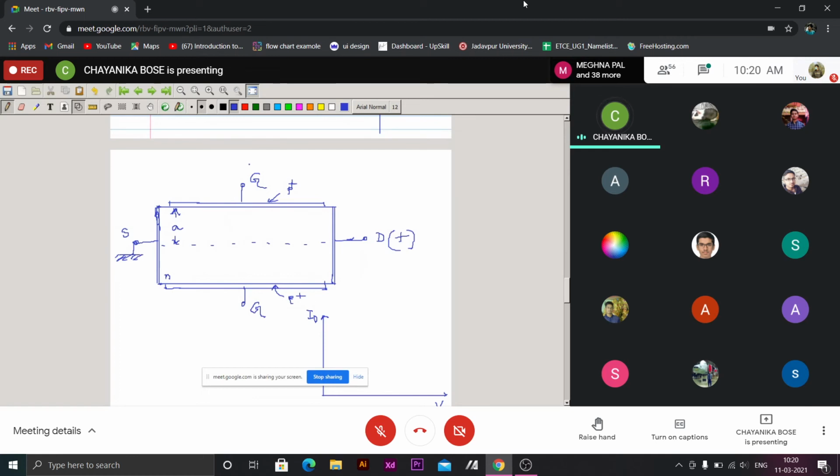When we apply some negative voltage here, our purpose is to make the junction reverse biased so that the depletion region extends into this N-type channel, the N-type bar, and the channel available for the carriers for drift will be constricted. The cross section of this channel is controlled by applying the reverse bias at the gate terminal.